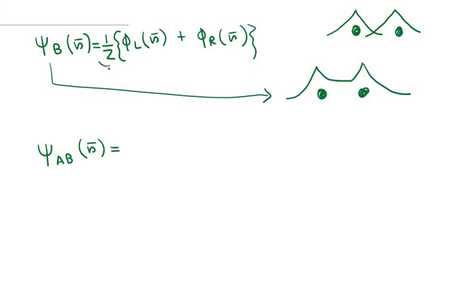No, this actually should not be 1 by root 2, and it has to be calculated because there is overlap between these two orbitals. If there were no overlap, then this would have been 1 by root 2, but here since there is overlap, it would not be 1 by root 2.